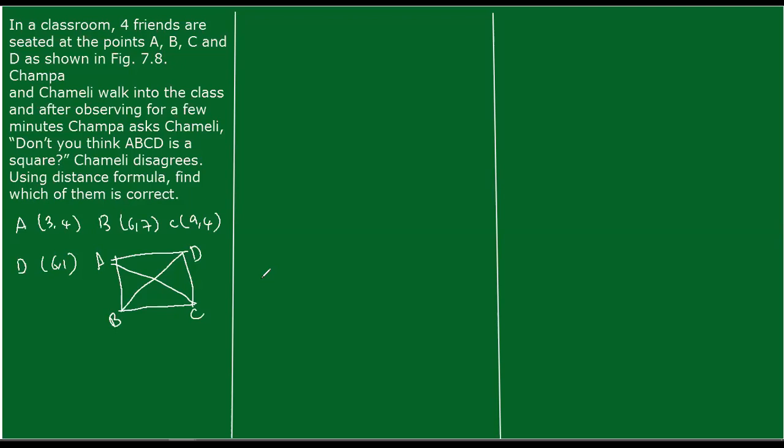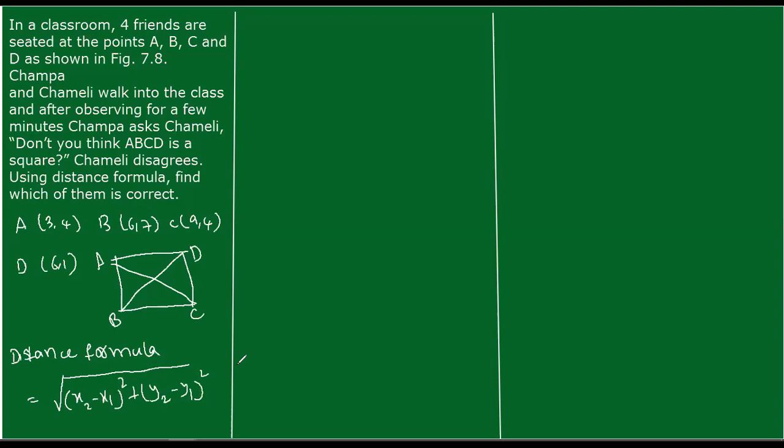First, we start with AB. And the distance formula I'll write: distance equals under root of x2 minus x1 whole square plus y2 minus y1 whole square.